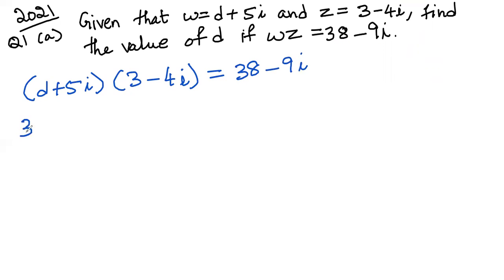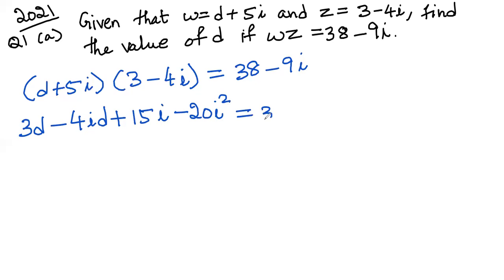This is going to be 3d minus 4id plus 15i minus 20i squared, equal to 38 minus 9i.